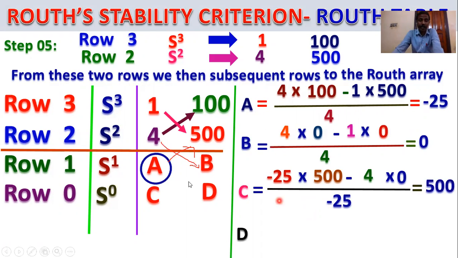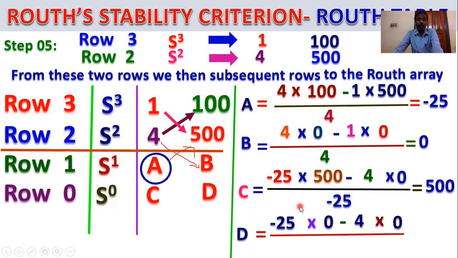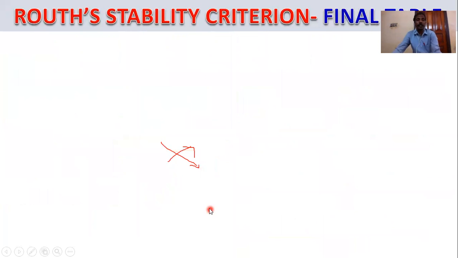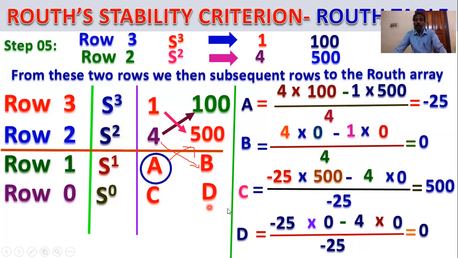Then D equals again 0, because minus 25 into 0 minus 4 into 0, divided by minus 25, is 0. So A equals minus 25, B equals 0, C equals 500 and D equals 0. This is the Routh table.